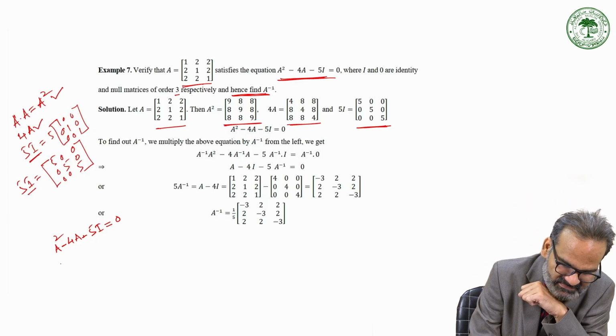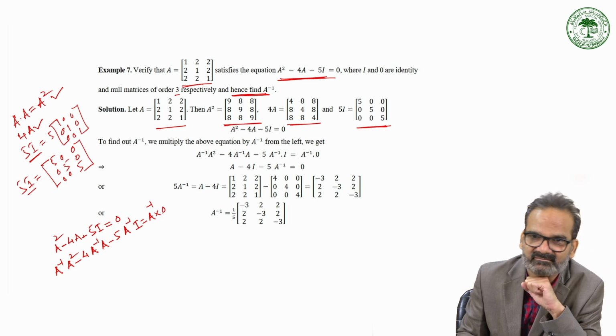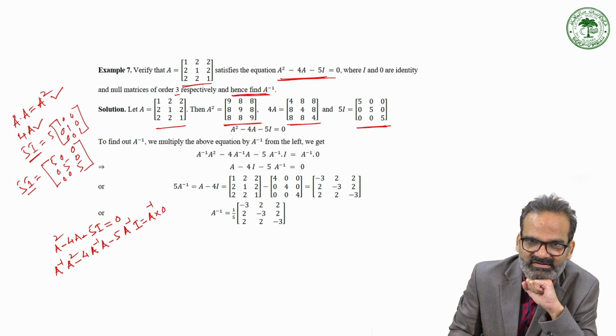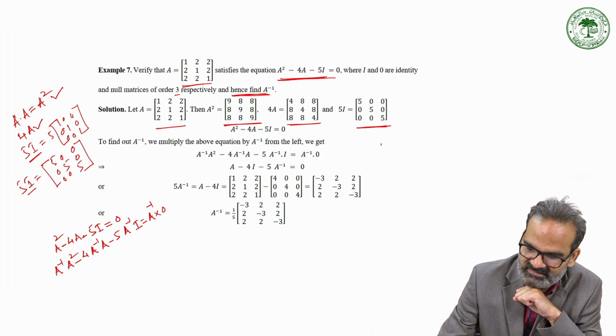Then see what happens. A inverse into A square minus 4 times A inverse into A minus 5 times A inverse into I, this is equal to A inverse into 0, right? Clear? So what you will get here? See, A inverse into A square. Let us simplify this.